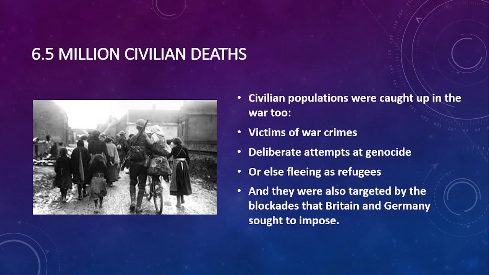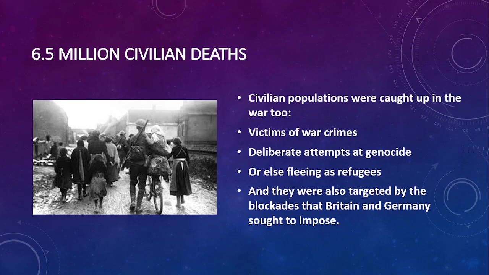It's been estimated that 6.5 million civilians died. Russia suffered 1.5 million civilian deaths. Germany 426,000. Austria-Hungary over 450,000. Serbia much the same. Serbia suffered about 3 times more civilian deaths than military deaths, and the worst death toll per head of population of all the belligerent countries.